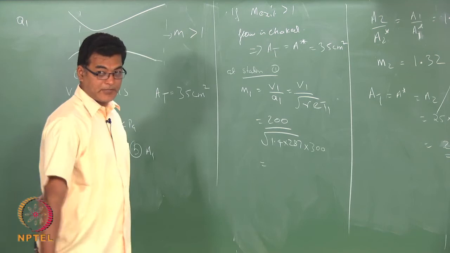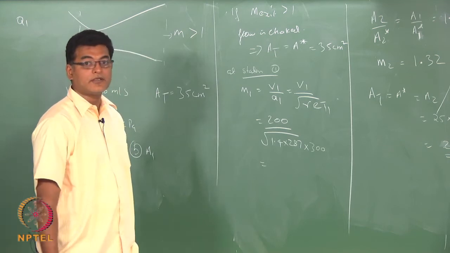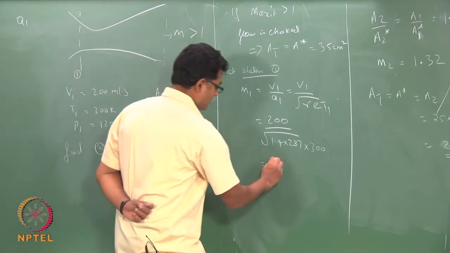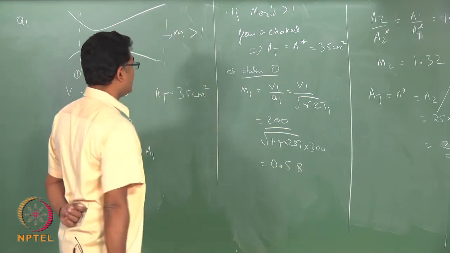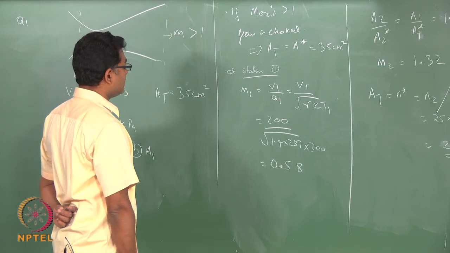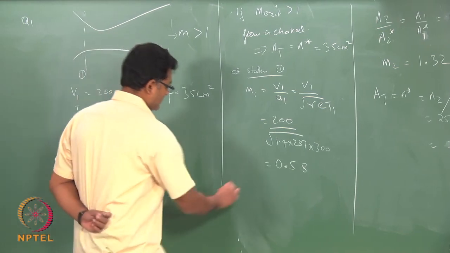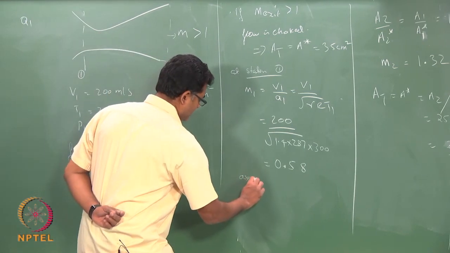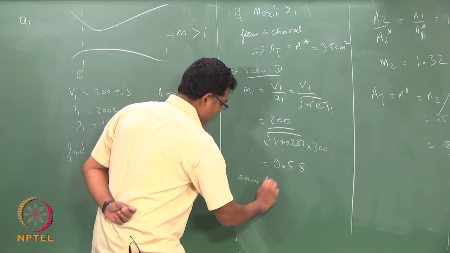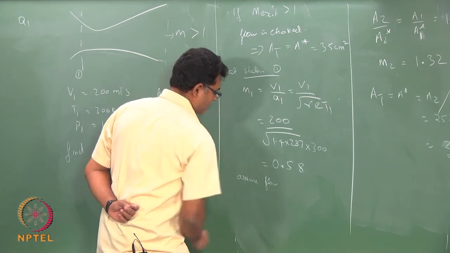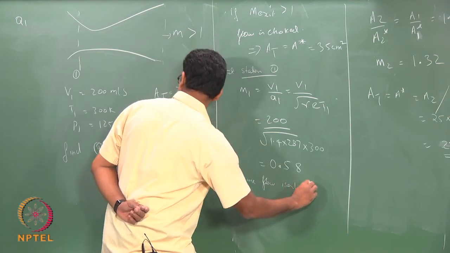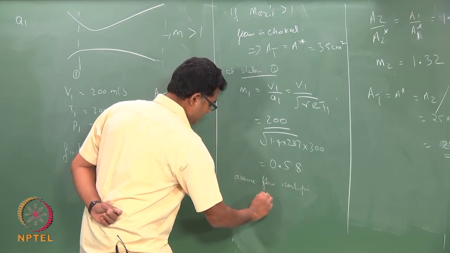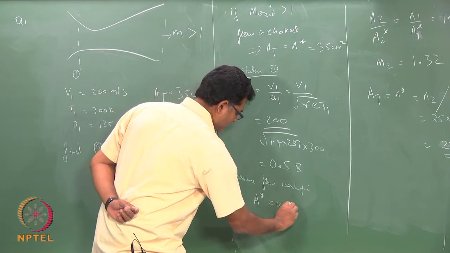This gives me a Mach number 0.58. So, for this Mach number, assuming flow to be isentropic, A star is constant.